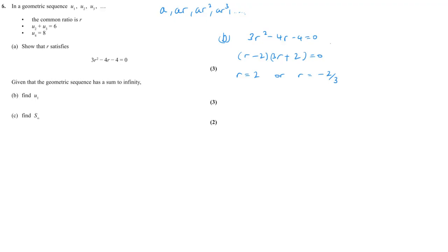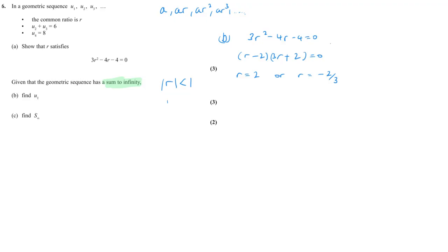However, we've got this sentence here, and it says that the geometric series has a sum to infinity. If it has a sum to infinity, it means that the magnitude of R is less than 1.